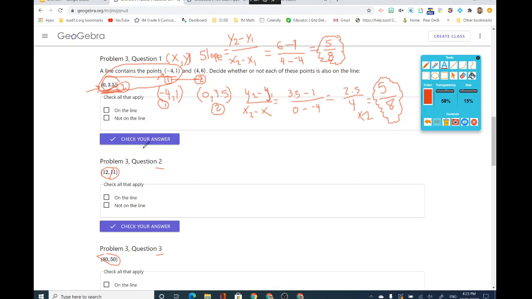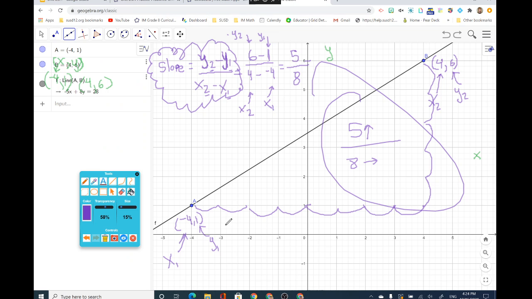So now I'm going to double check it and prove it to you. If the slope is the same, then it is on the line. We used one of the points on the line, and it is in proportion to this other point. 0, 3.5. Okay, now I'm going to graph it just to prove it to you. That point is 0, 3.5.